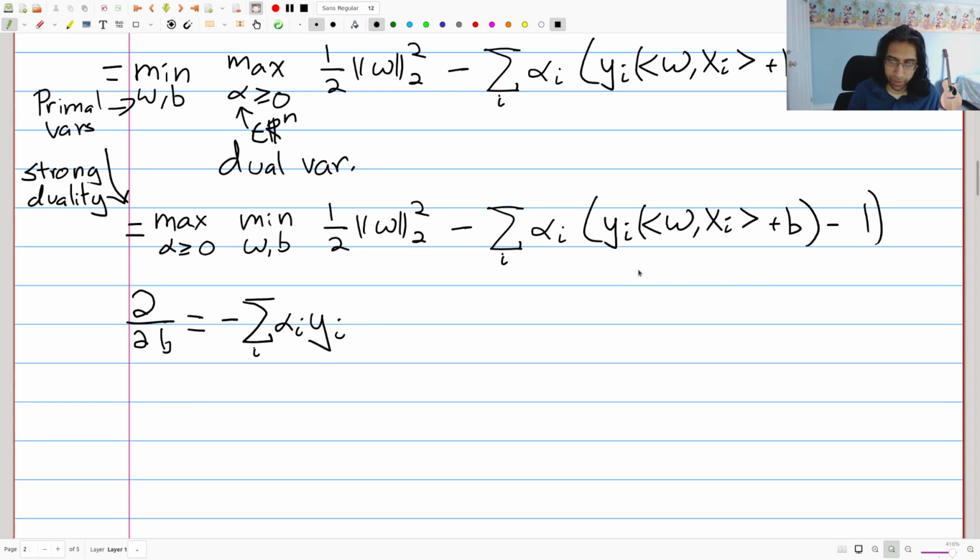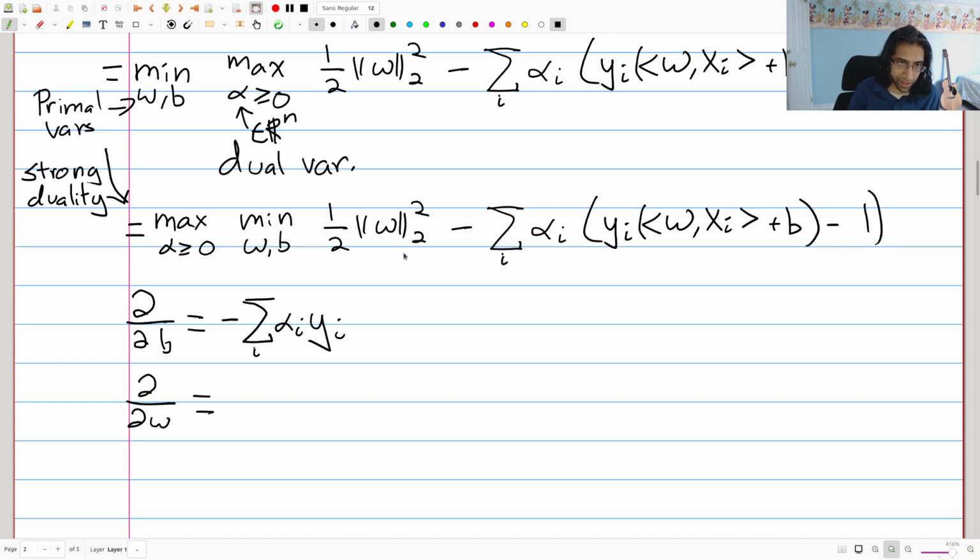And the one with respect to w is a little bit trickier. You'll have to take a gradient. You can use the claim that I made in a previous lecture to derive this, but also just by looking at it carefully, you can see that the gradient of this whole expression with respect to w is going to be the following.